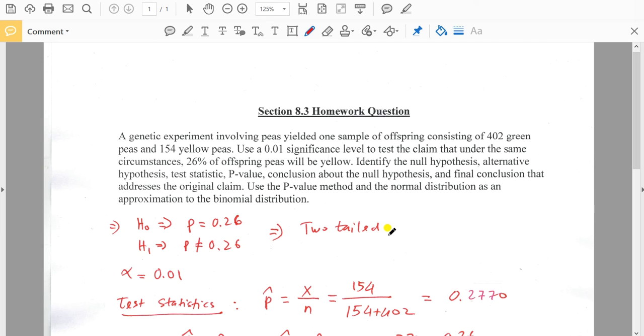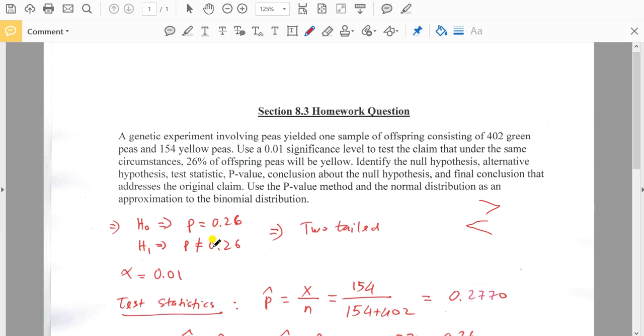If some other question asks you to test the claim whether something is increasing, like I mentioned before, if you say something is increasing or bigger than something, then the arrow is pointing to the right. That means you are looking for the right tail test. If it's less than something, then you are pointing to the left. That means you are looking for the left tail.